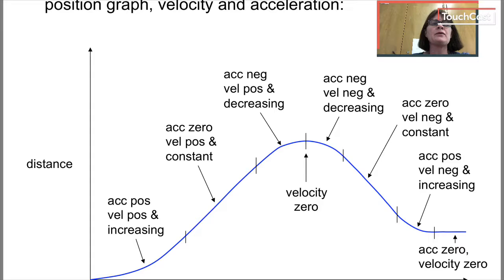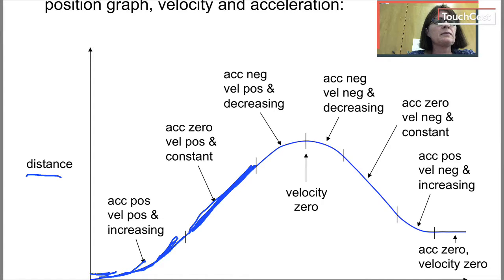If this is my position function, so that means we're graphing distance here, check this out. At this part of the graph, the distance is increasing. That means the slope of the distance is positive, which means velocity must be positive. Then I want to ask myself, is the slope positive and getting steeper, or is it positive and getting flatter?